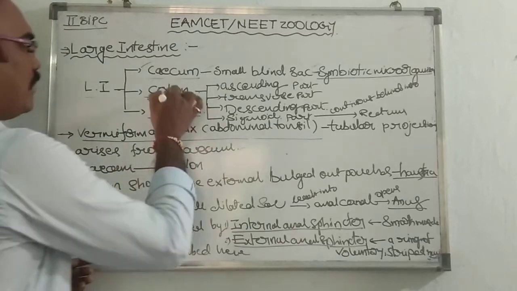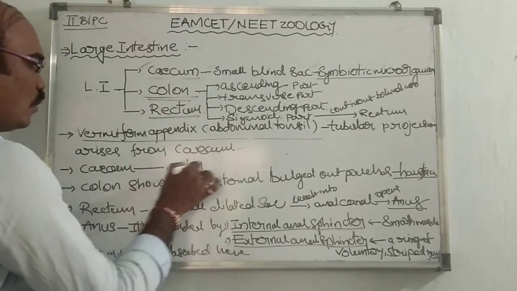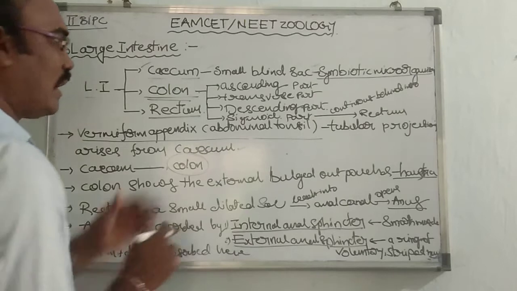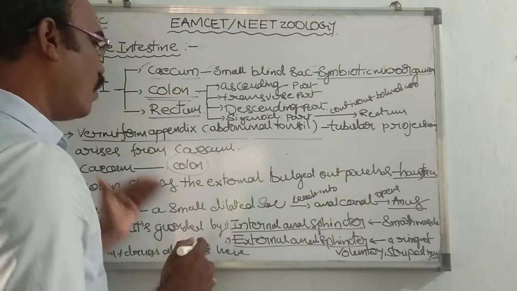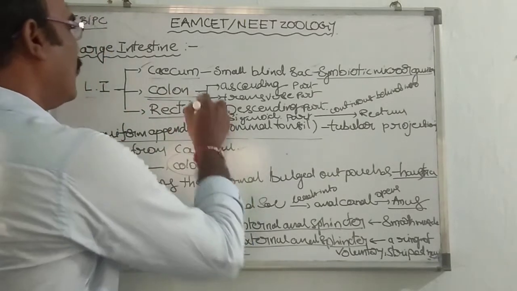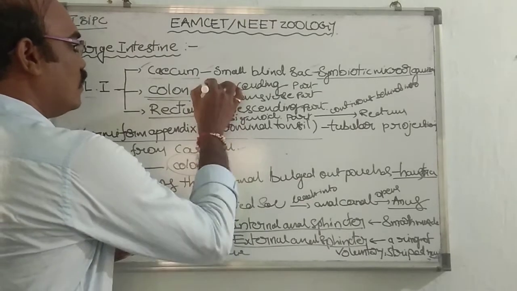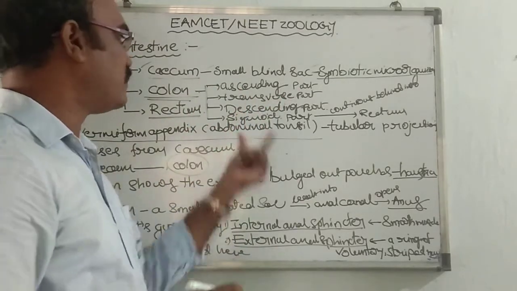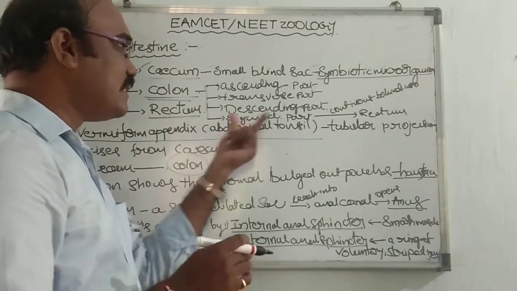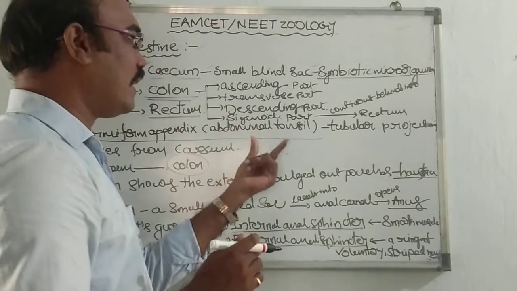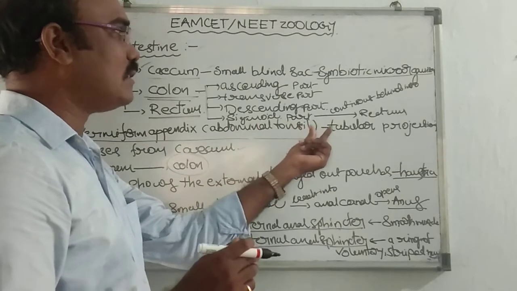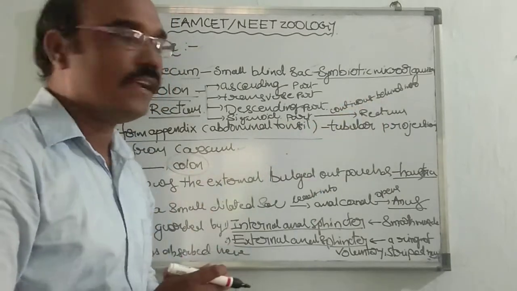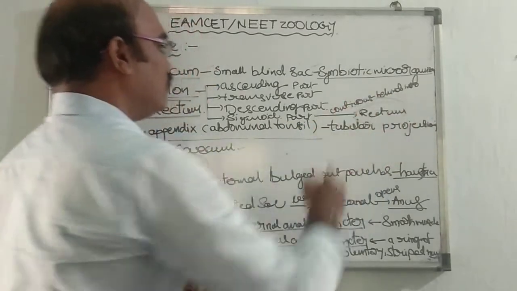This cecum opens into the colon. The colon is divided into four main parts: the ascending part, transverse part, descending part, and sigmoid part.